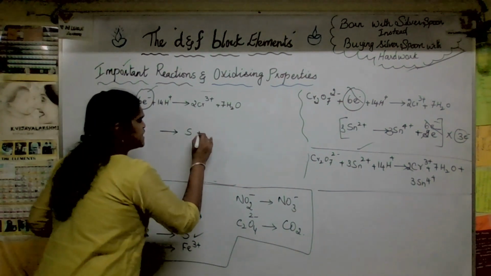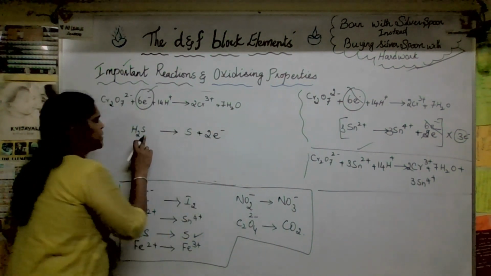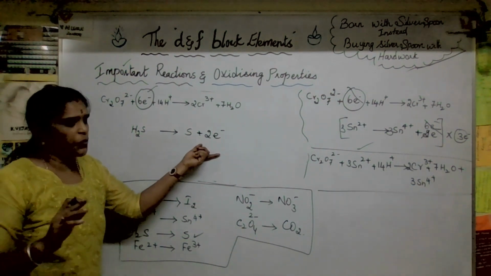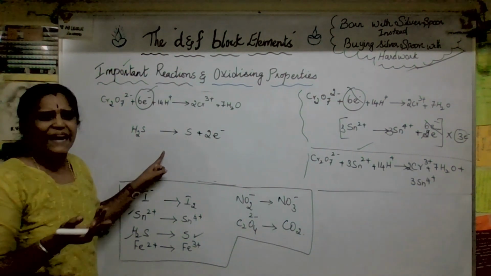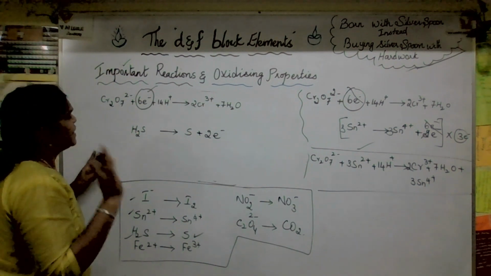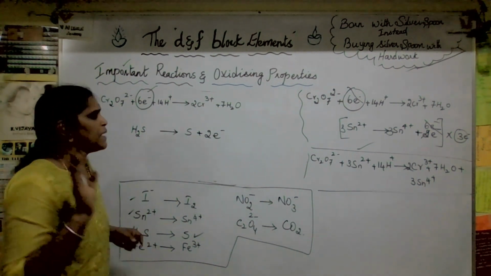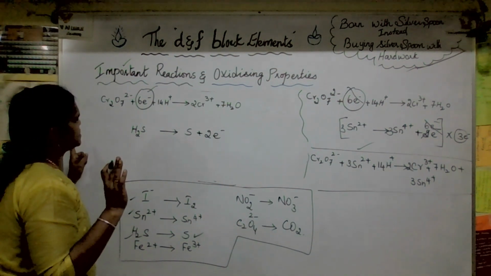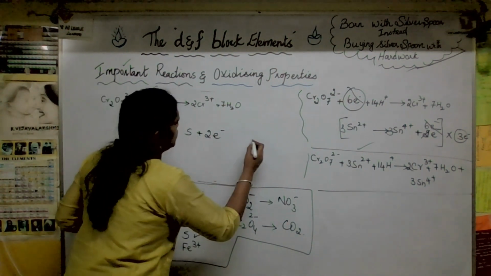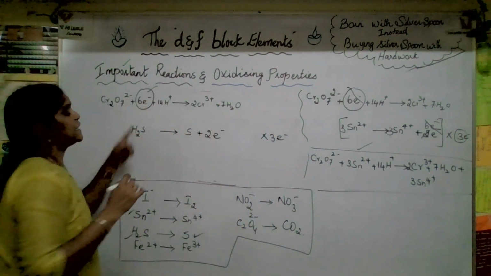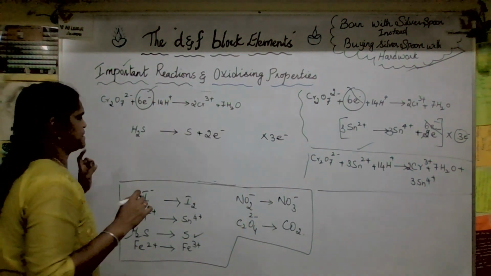It releases 2 electrons only, because sulfur content, oxygen, everything, it is 2 electrons only it releases. It's mandatory. Now next, you have to use a suitable number for multiplying to balance this equation. So which number will you provide? It is actually 3. Why? You have to get 6 electrons, that is the reason.